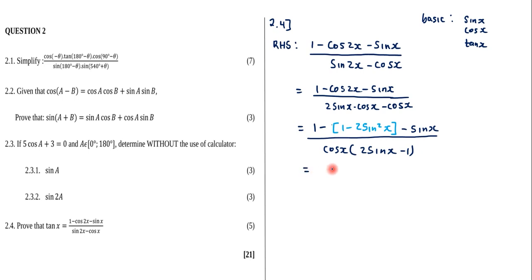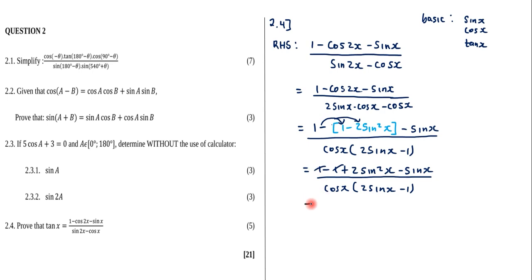Now at the top we're going to have 1 minus 1, because we multiply this negative with that to give minus 1, then we multiply it again, which gives us a plus 2 sine squared x minus sine x, over cos x into 2 sine x minus 1.